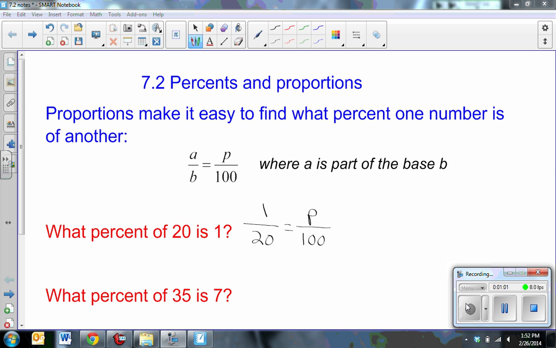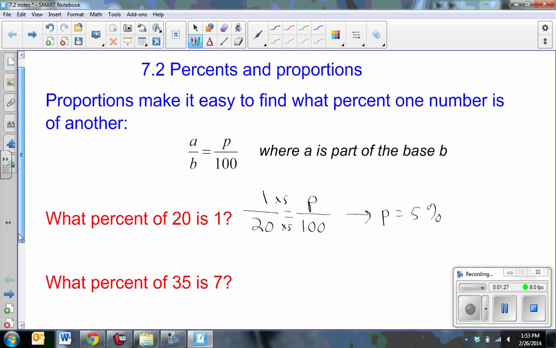Okay? Now you can cross multiply like you were doing in the last chapter, or you can just look and compare the denominators. To get from 20 to 100, I have to multiply by 5, so I have to do the same in the numerator. So therefore, P is 5%. So 1 is 5% of 20. Makes sense.